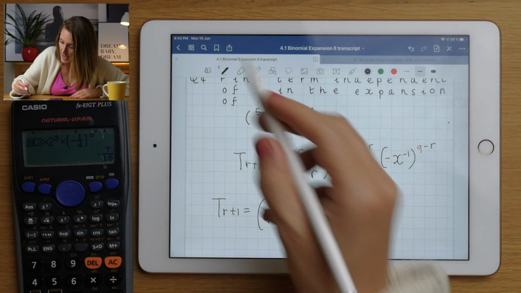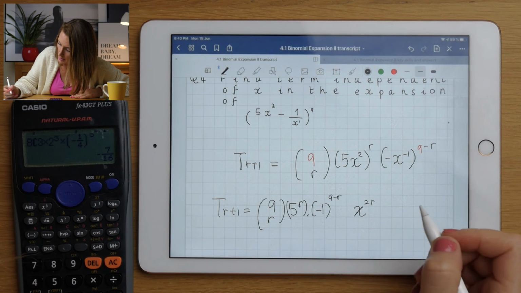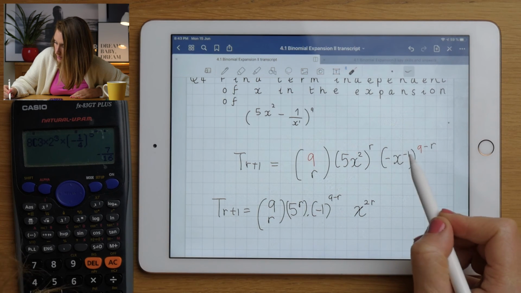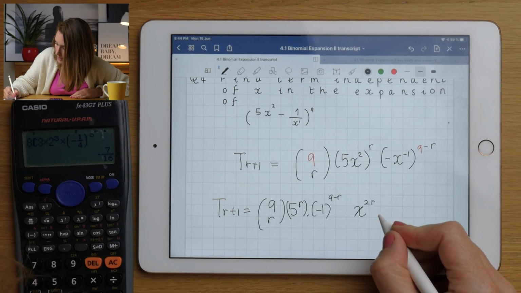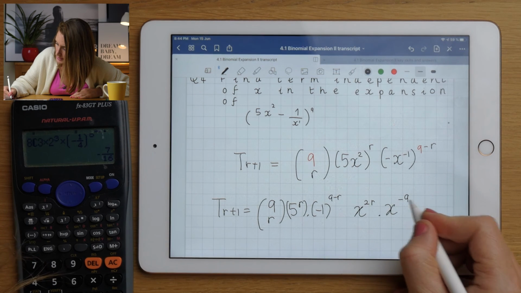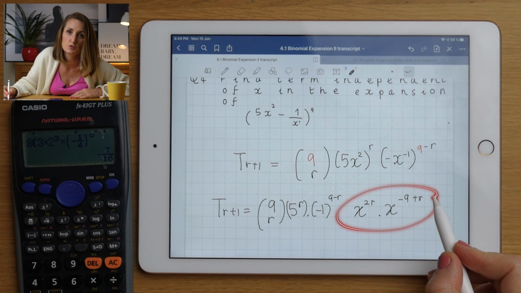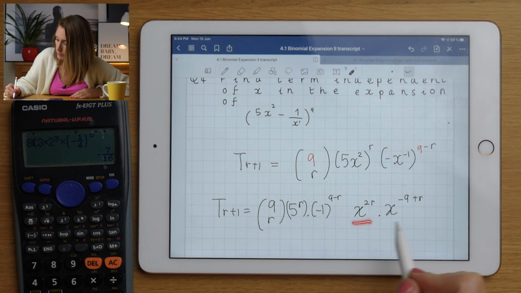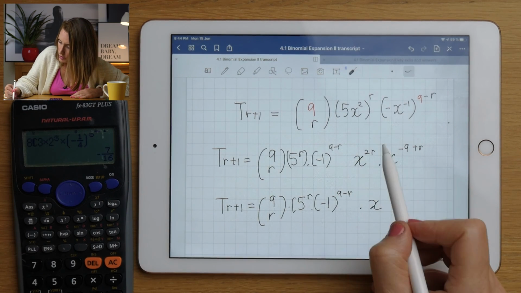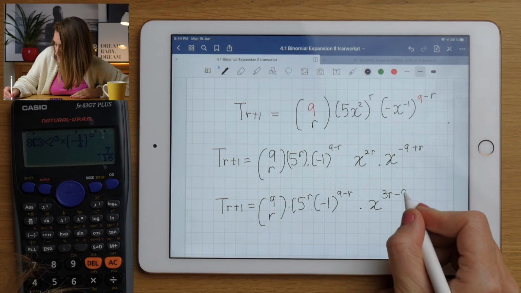So I'm going to have minus 1 to the power of 9 minus r, and at the back x to the minus 9 plus r. Here's my top tip: put these two together. You can add the powers because you're multiplying. 2r plus r is 3r, so you're going to have x to the 3r minus 9.